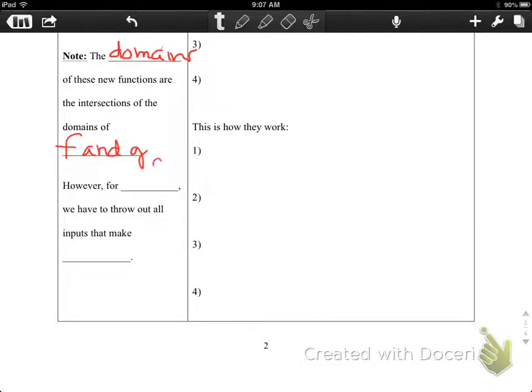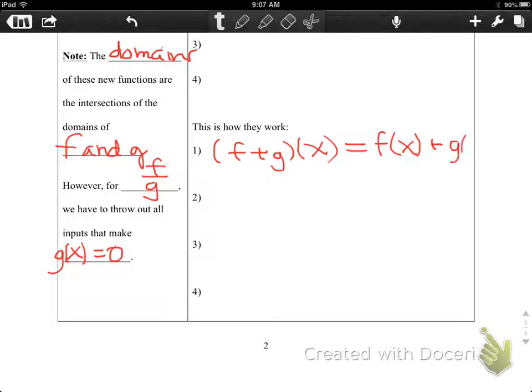However, for f divided by g, remember in terms of domains, the restrictions we look for now are if it contains a denominator or an even root. So for f divided by g, we have to throw out all those inputs that make g of x equal 0, because those inputs will not be in our domain since g is in the denominator. This is how they work. I want to show you both ways it can be represented. f plus g of x is the same thing as writing f of x plus g of x.